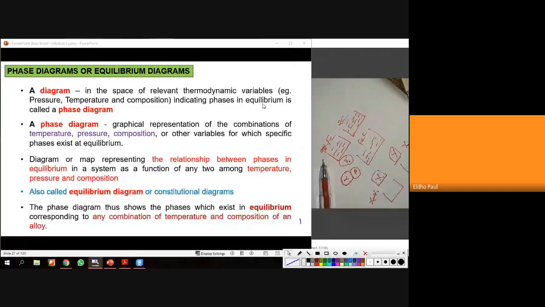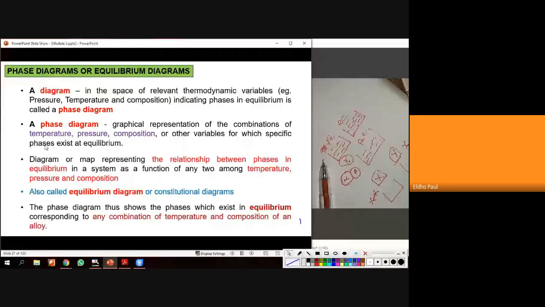Okay, so another definition of phase diagram is the graphical representation of the combination of temperature, pressure, composition, or other variables for which specific phases exist at equilibrium. That is very important. We already discussed in the previous case the different combinations of temperature and composition for point A. At point A, the phase is in equilibrium.